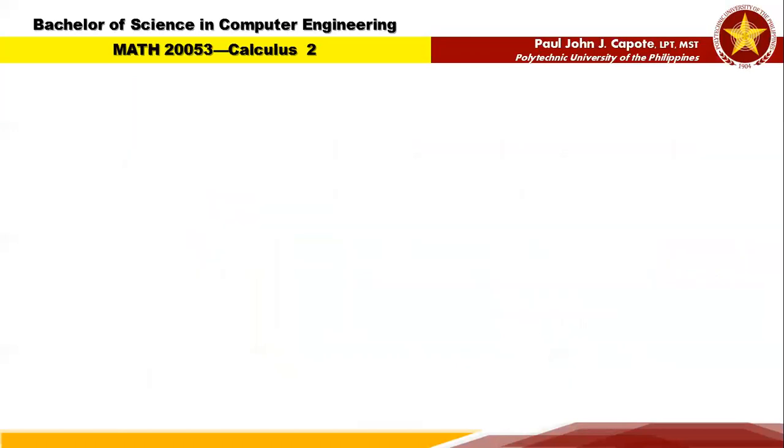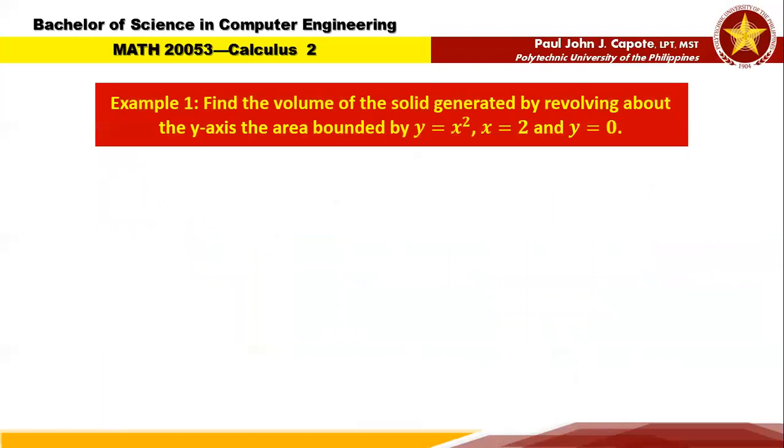Now let us illustrate the general formula through this example. Find the volume of the solid generated by revolving about the y-axis the area bounded by y equals x squared, x equals 2, and y equals 0.